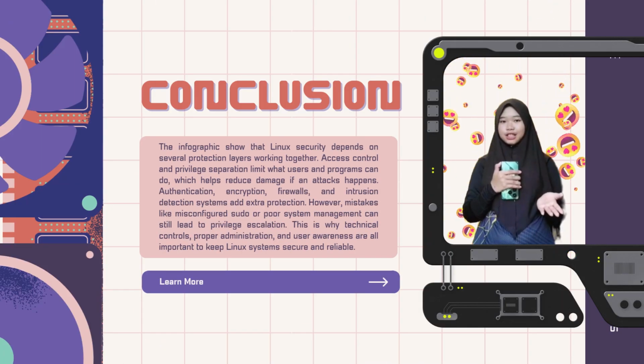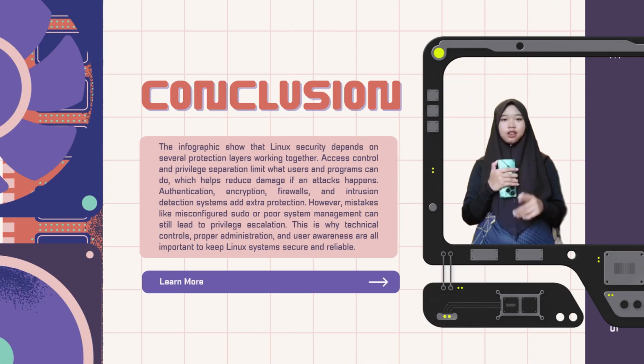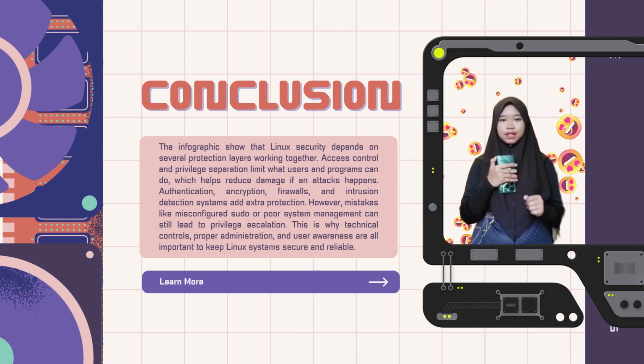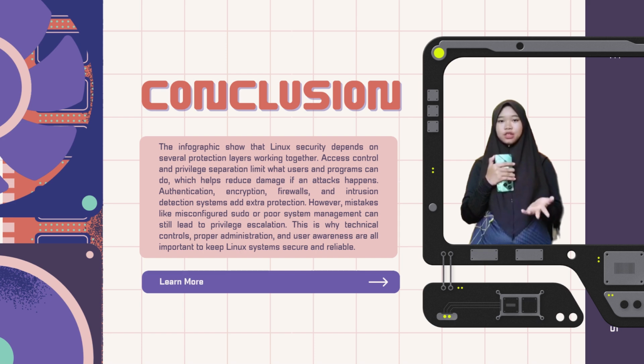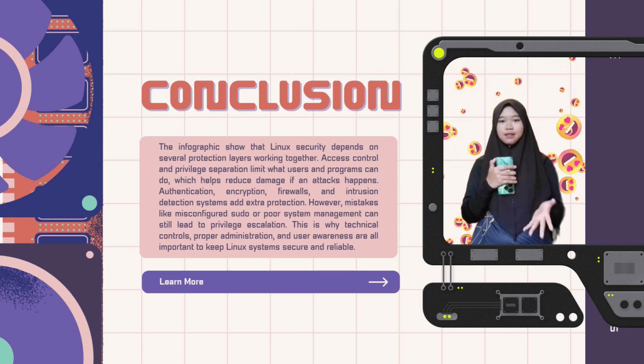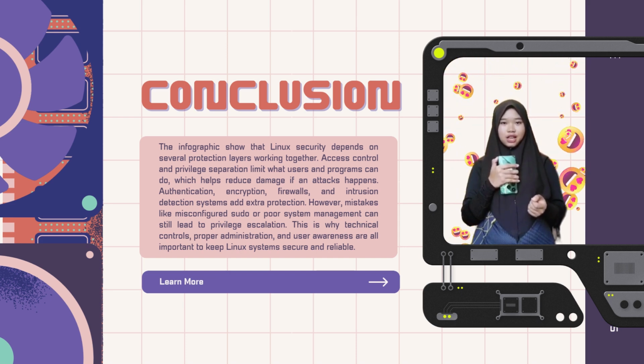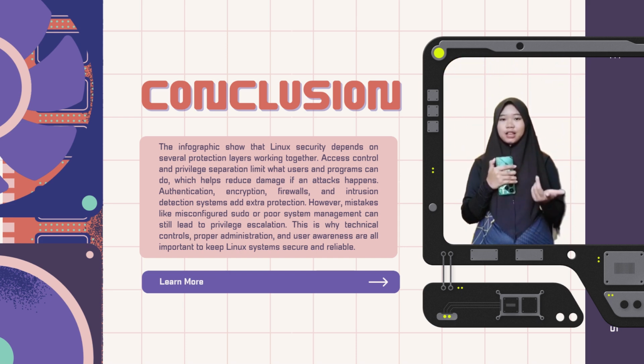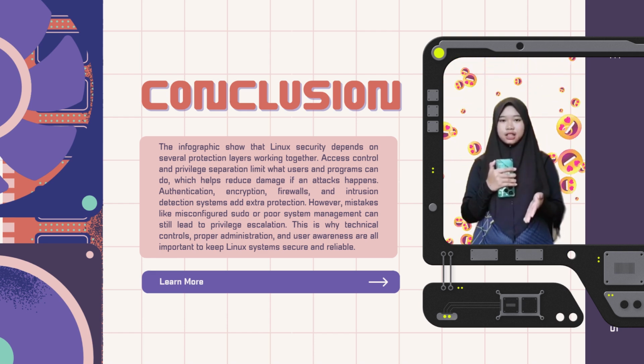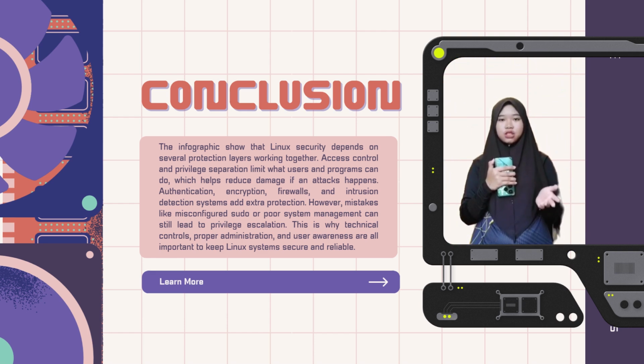In conclusion, the infographic highlights how Linux security relies on multiple defense mechanisms working together to protect systems from attacks, especially privilege escalation threats. Access control and privilege separation ensure users and processes only have the permissions they truly need, reducing potential damage if an account is compromised.